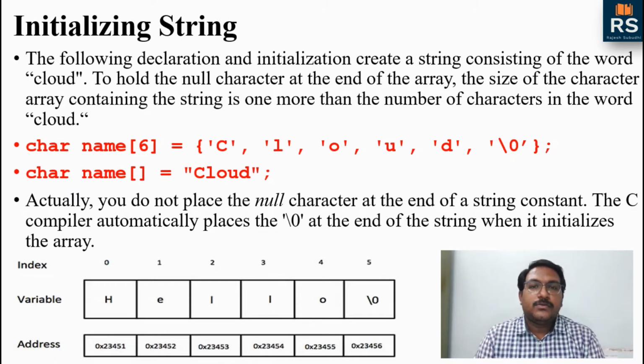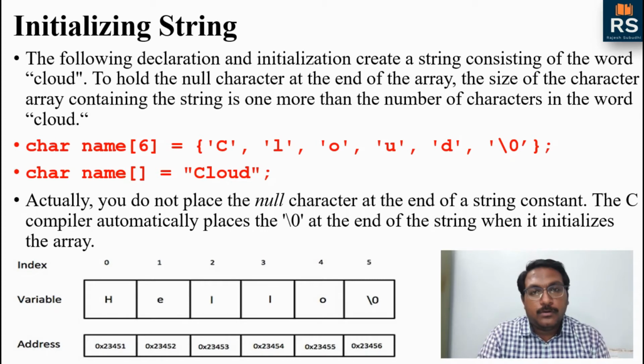So whenever you want to manipulate it, add something, or use it somewhere else, we have to take hello as a whole. That means we are writing char name of 6 is equal to hello with a null character at the end of this.